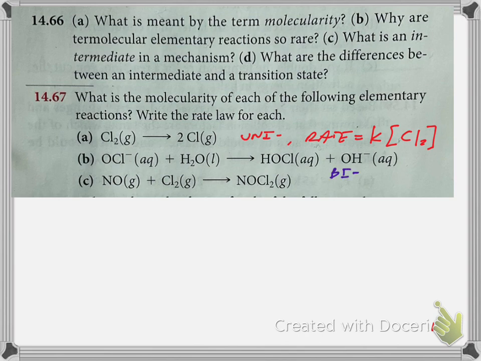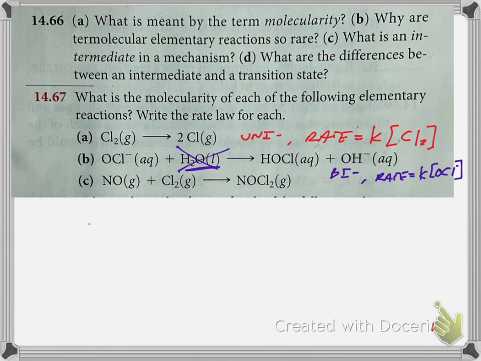It is bimolecular, but the rate law will only be K times the concentration of OCl minus, which is first order because of the coefficient of 1. But what happened to the H2O? Remember, pure solids and pure liquids don't have concentrations, and so they are not going to affect the rate of the reaction. So he doesn't get to play.